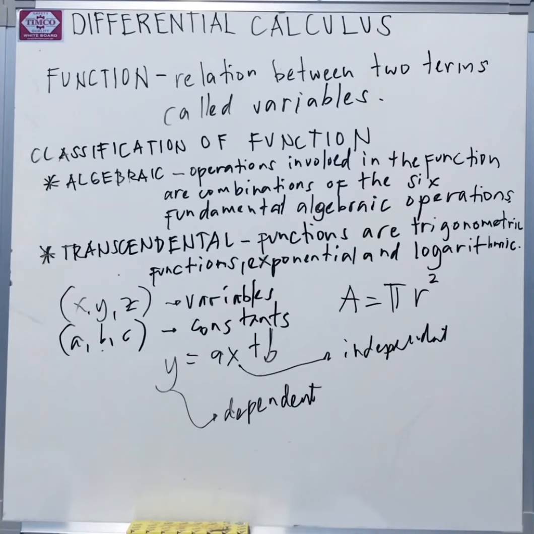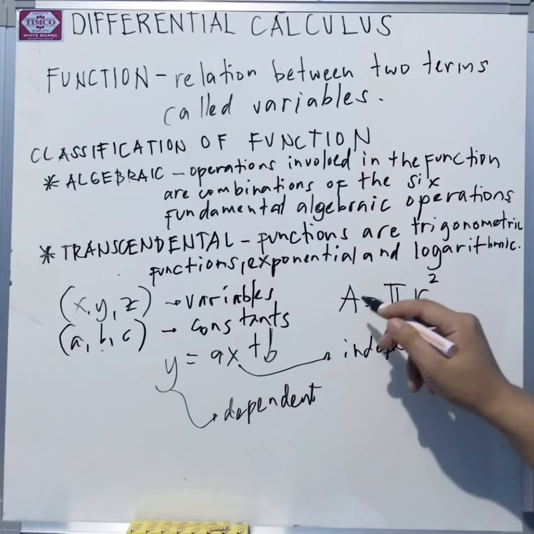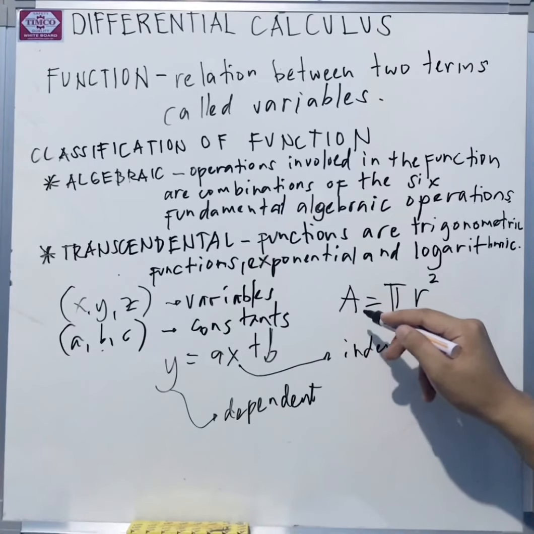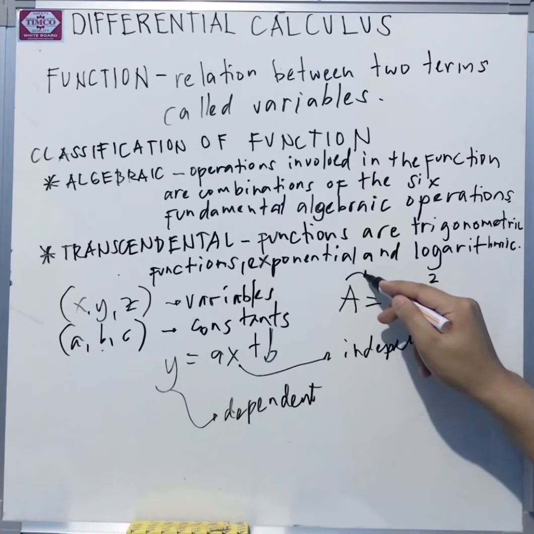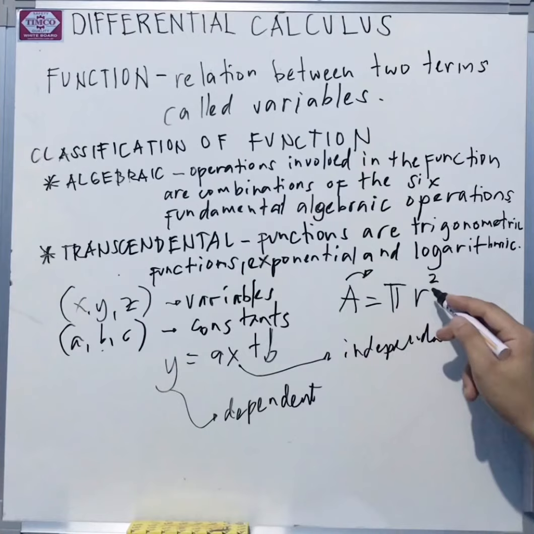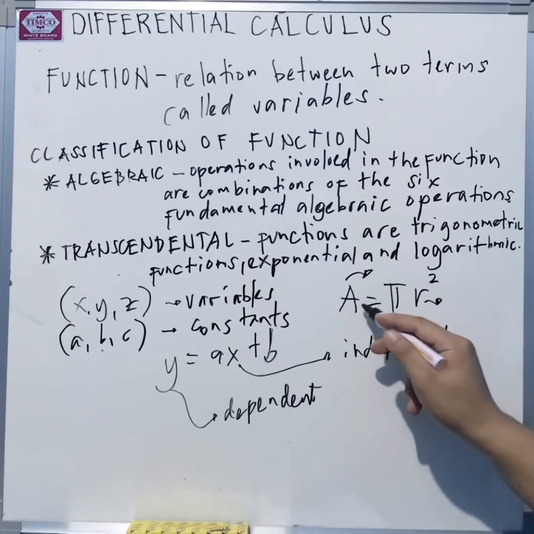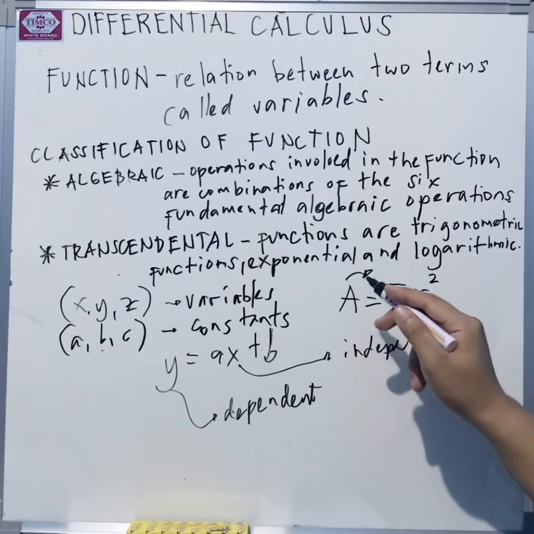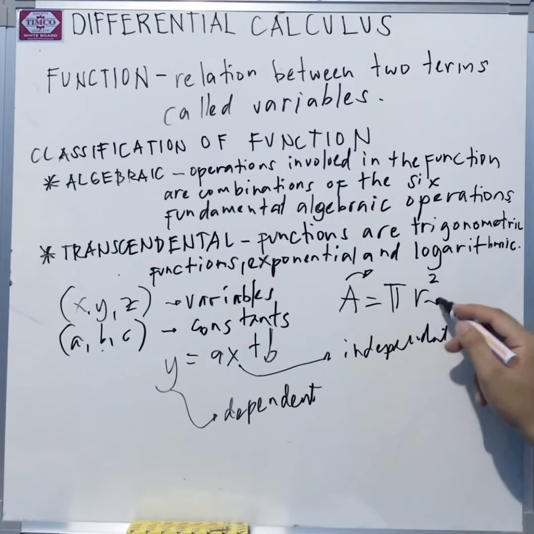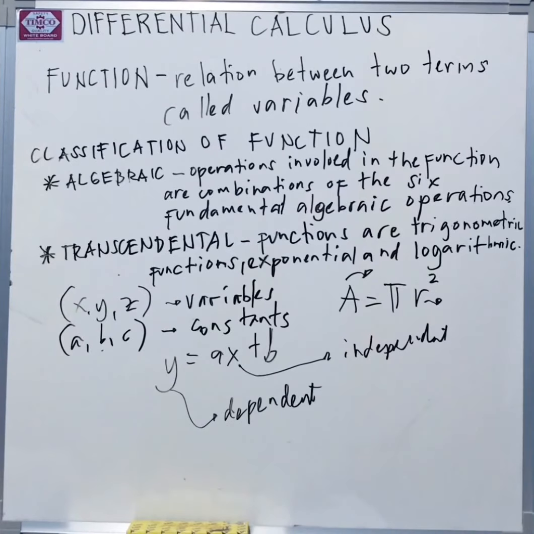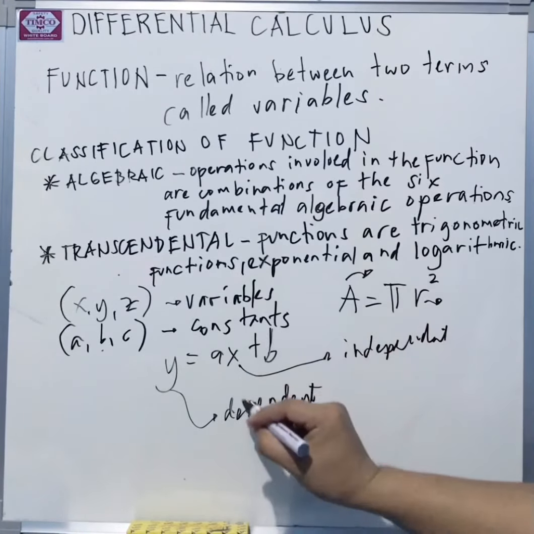Area equals pi r squared. Ang dependent variable natin dito is the area, and ang independent variable natin is the radius, kasi nakadepende yung area ng circle sa value ng radius. So, ayun, yun yung example natin ng function.